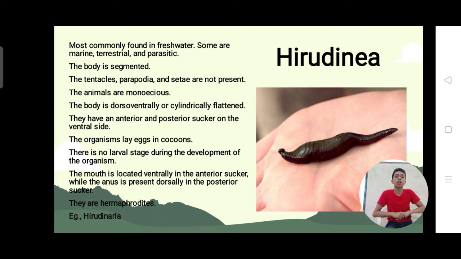The organisms lay eggs in cocoons. There is no larval stage during the development of the organism. The mouth is located ventrally in the anterior sucker, while the anus is present dorsally in the posterior sucker. They are also hermaphrodites. An example is Hirudinaria.